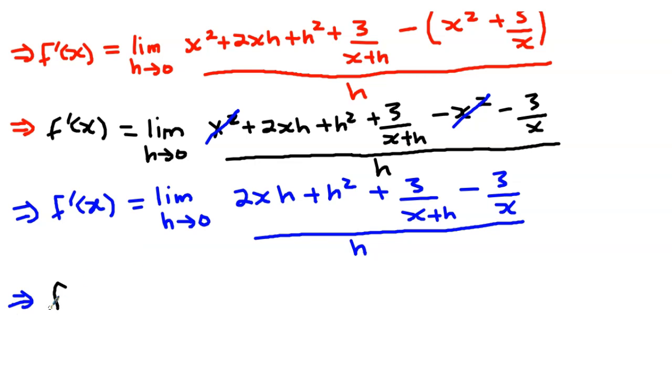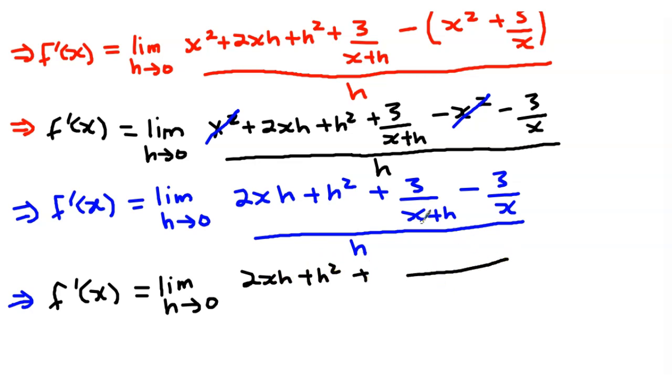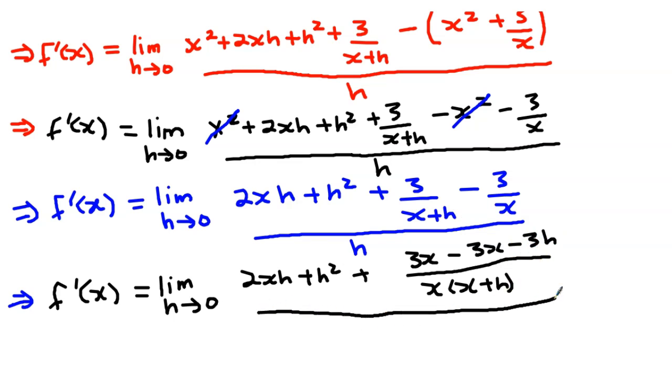So this implies that the derivative of f of x is equal to the limit as h tends to 0 of 2xh plus h squared plus, so here we multiply the two denominators, x times x plus h, then we cross multiply, we get 3x, and cross multiply here, get negative 3 times x plus h, that will be negative 3x, and then negative 3 times h will be negative 3h, all over h.